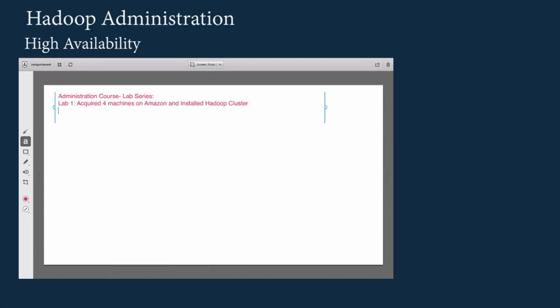In this lab, we purchased 4 machines. We started an entire cluster with Mumbai, Delhi, Kolkata and Chennai, and we had a working cluster. In lab 2, we set up Hive and Impala. In lab 3, we set up Hue. Lab 4, we set up high availability.